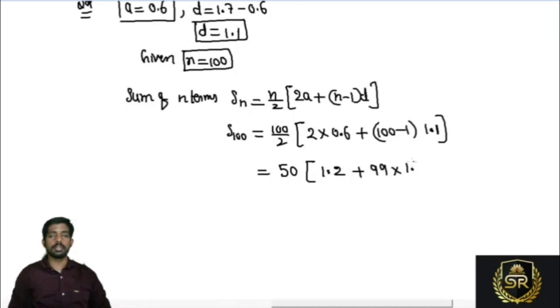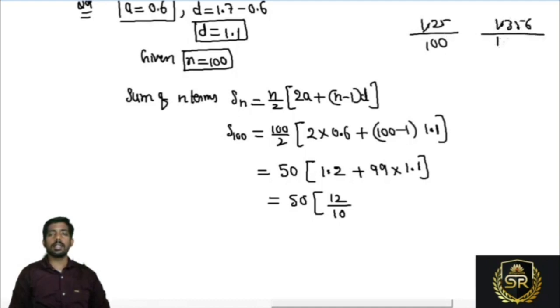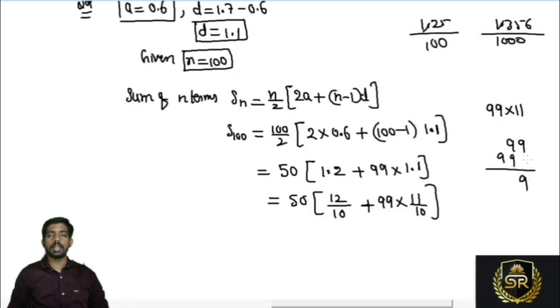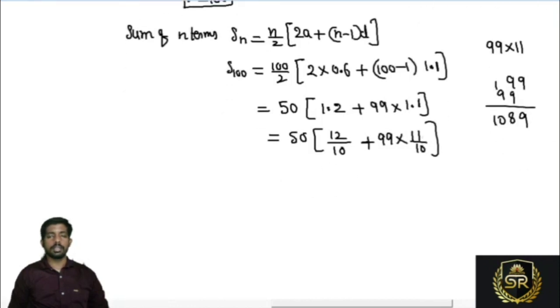Now if I cancel the decimal part, since there is one digit after the decimal, I get 10. If there are two digits, cancelling the decimal point gives 100, and for three digits 1000. So I get 12 by 10 plus 99 into 11 by 10. Now 99 into 11 is 1089.